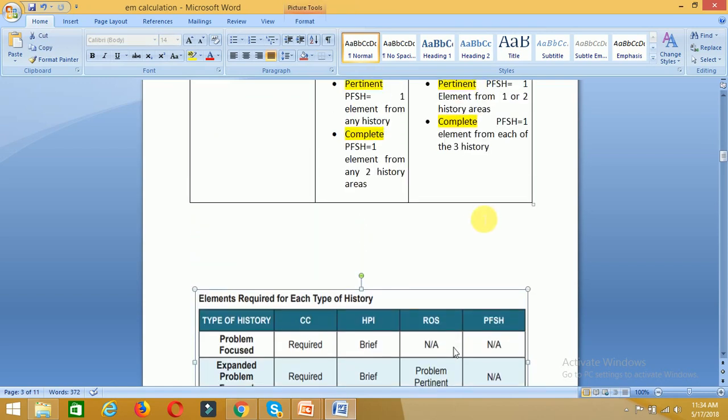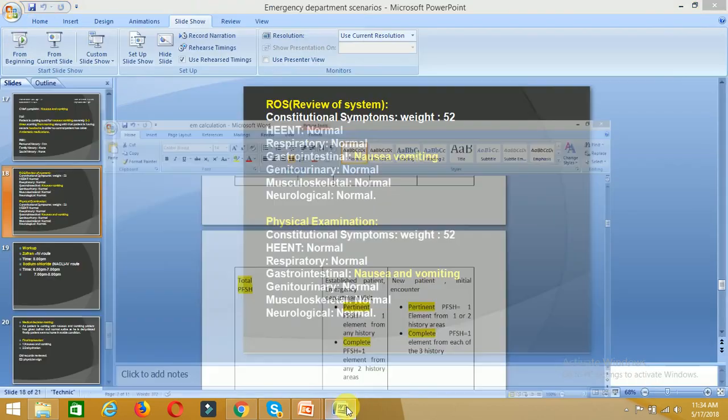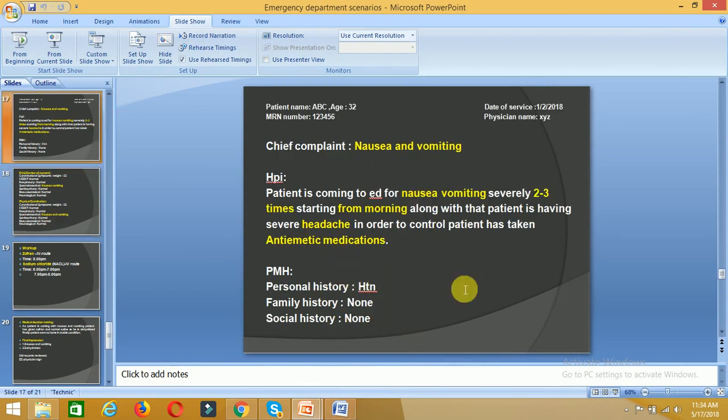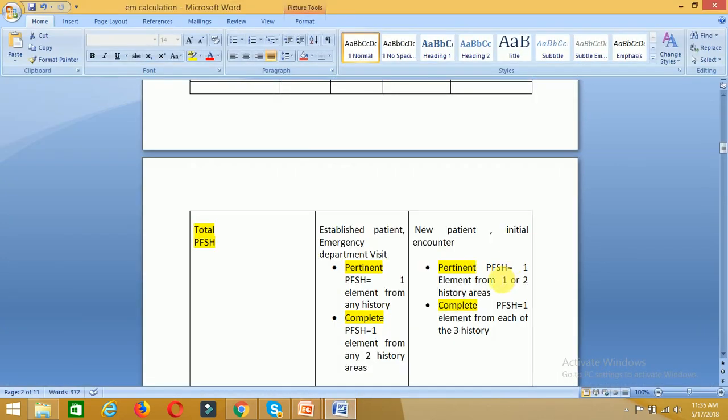Next we will see PFSH. How many PFSH elements are there in the chart? Only one, that is hypertension from the past medical history. In the personal history, family history, social history, nothing is there. We need to take it as a new patient, because an emergency visit will be a new patient only.